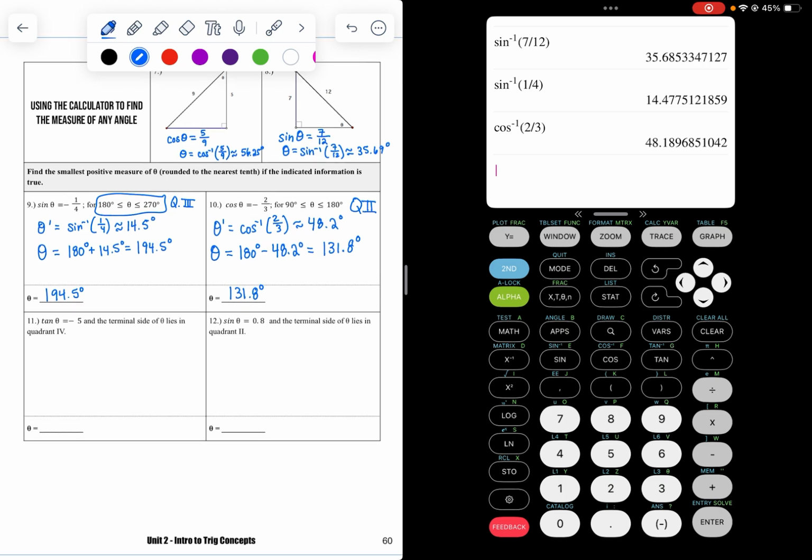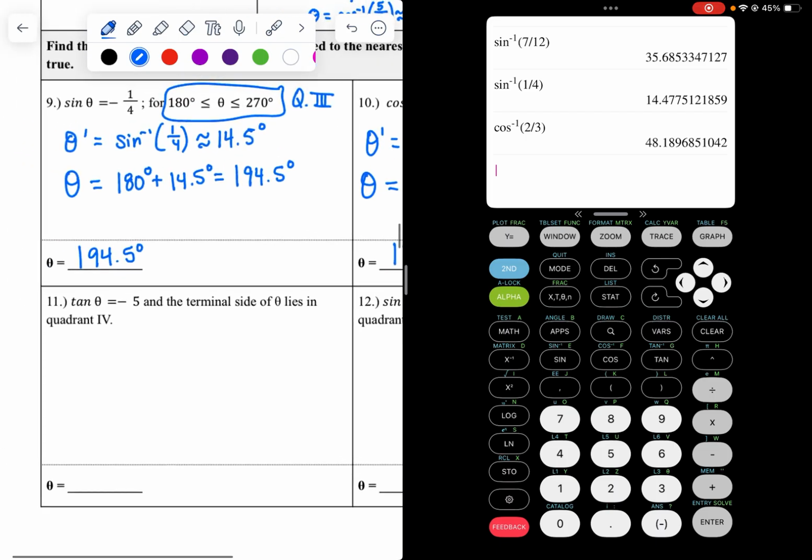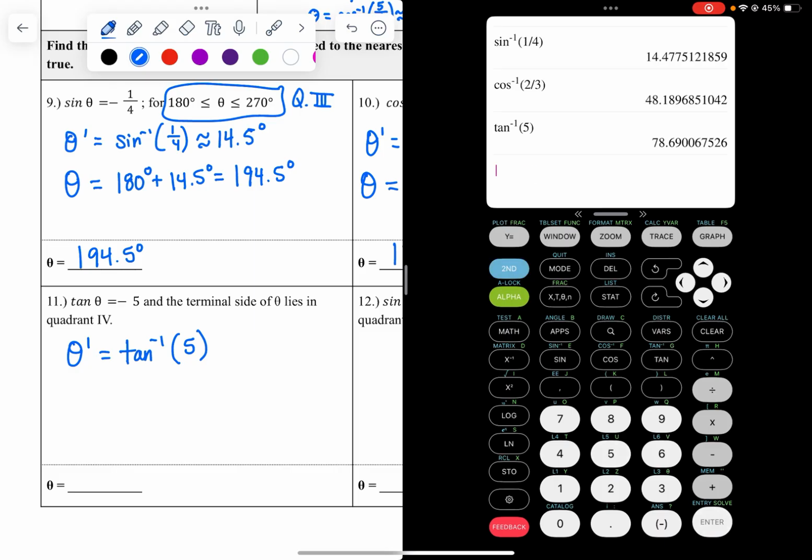All right, next one. The tangent of theta equals -5, and the terminal side of theta lies in quadrant 4. So we know if we're down in quadrant 4, tangent's going to be negative down there. So to find theta prime, we'll do the inverse tangent of +5. So we'll hit second tangent button to bring up the inverse tangent of 5.